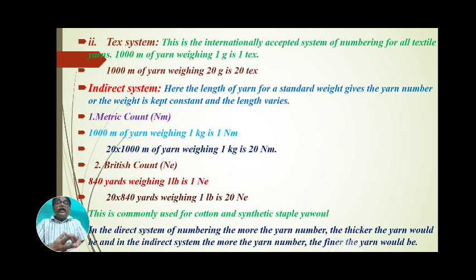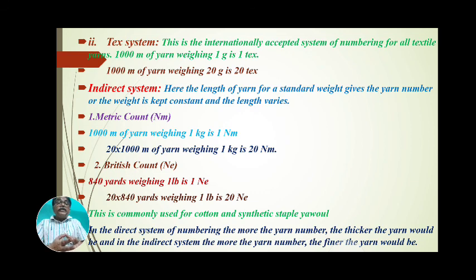Whereas 20 times 840 yards weighing 1 lb is 20 NE. 20 NE means British count. This is commonly used for cotton and synthetic staple yarn.